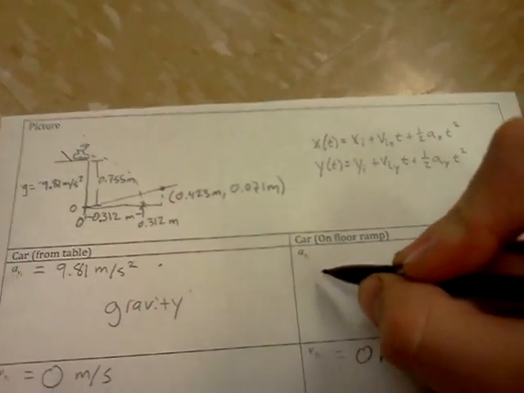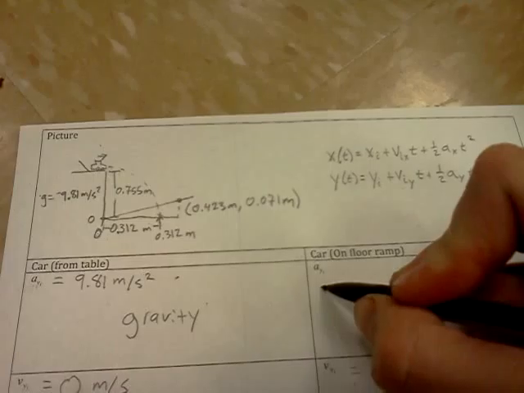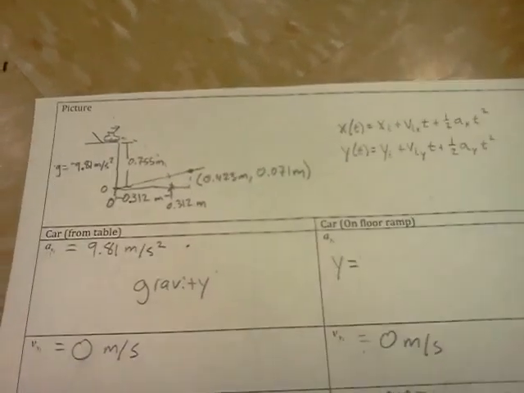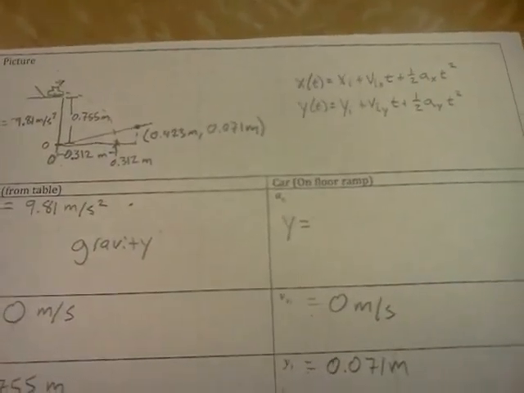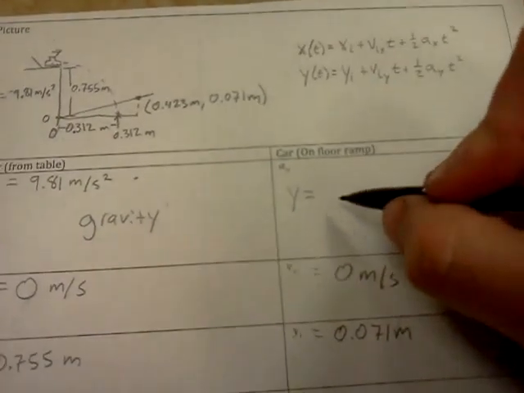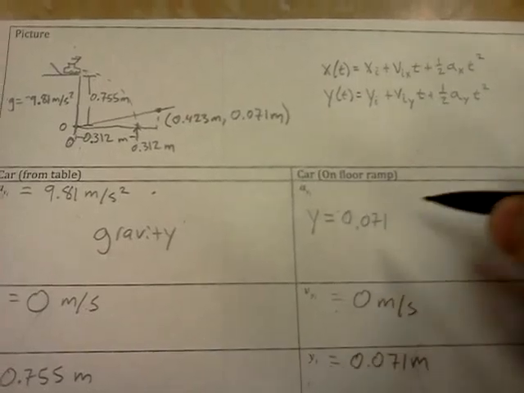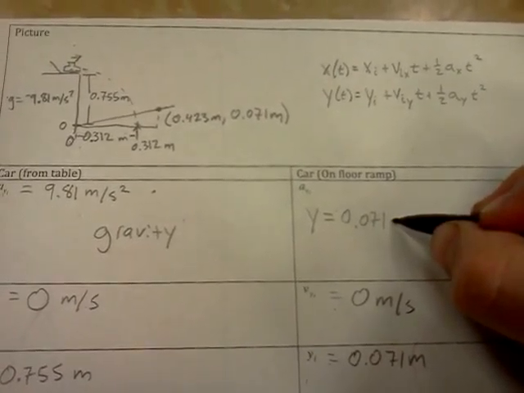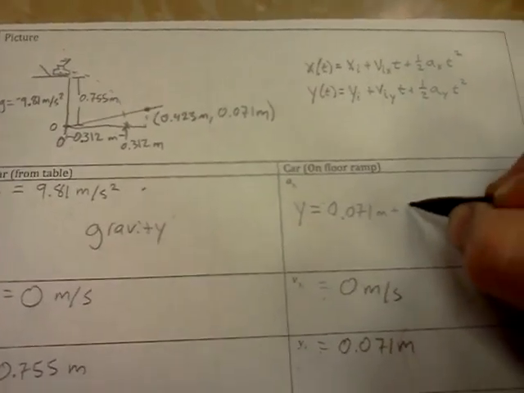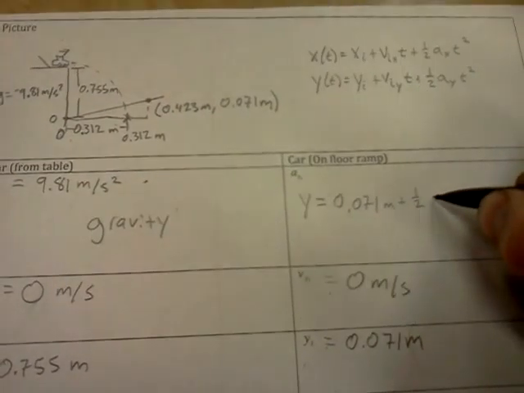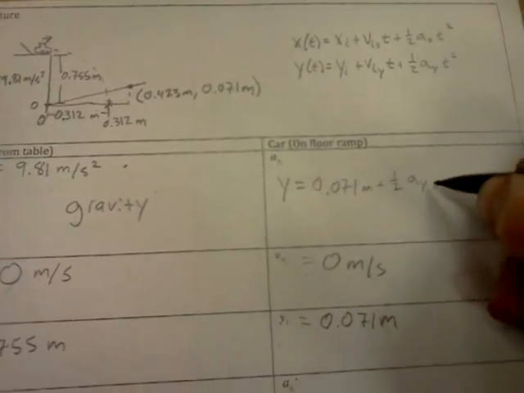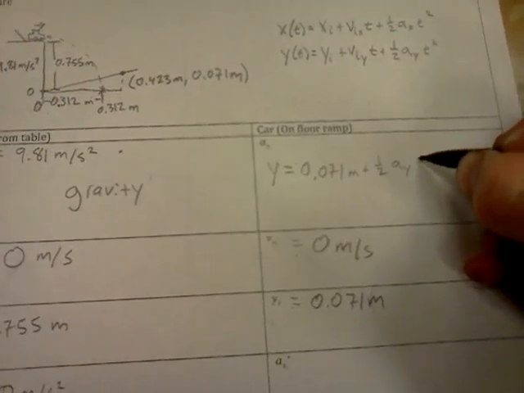And so we know that my y position is described by the equation: my initial y displacement, 0.071 meters, plus 1/2 times my acceleration in the y direction times time squared.